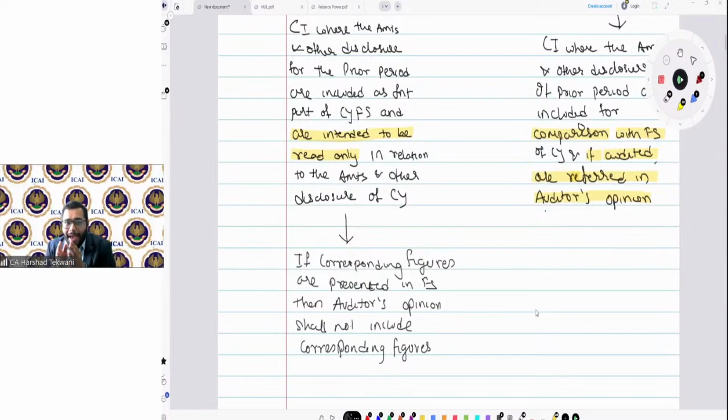They are for read-only purposes and are considered an integral part of the financial statement itself, intended to enhance the understanding of the current year numbers. That's why we do not issue a separate opinion on the corresponding numbers. They are an integral part of my current year financial statement.